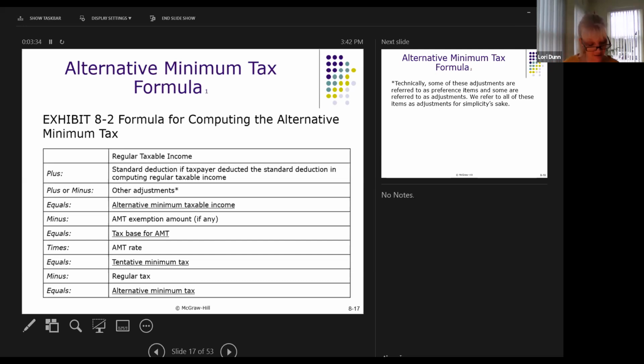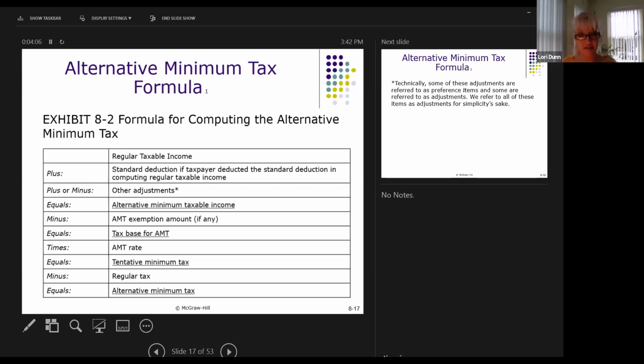Now, what kind of items are added back or subtracted? That's where we have these things called other adjustments. If you took the standard deduction, you add it back as if you never took it. If you itemized, at the bottom of page 88, you are still allowed to subtract your charitable contributions, your home mortgage interest, and your gambling losses.